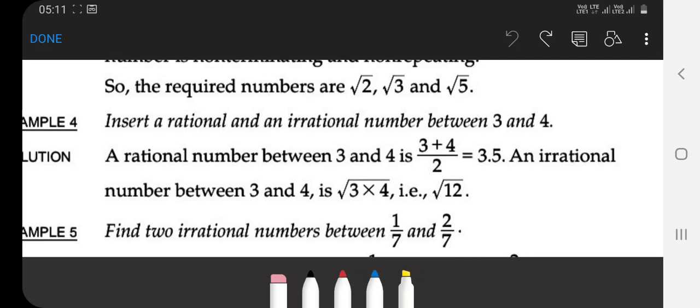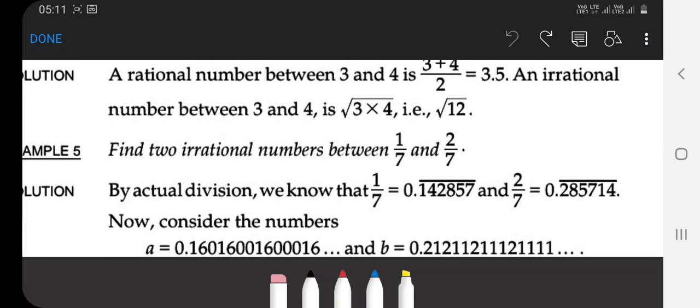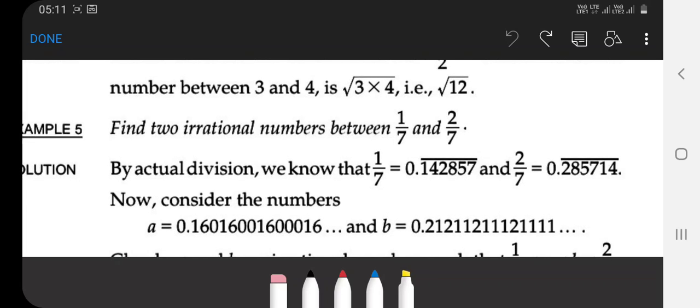Find 2 irrational numbers between 1 by 7 and 2 by 7. You can find infinitely many irrational numbers between any two given numbers. First you divide 1 by 7 and get the result. Again you divide 2 by 7 and get the result.